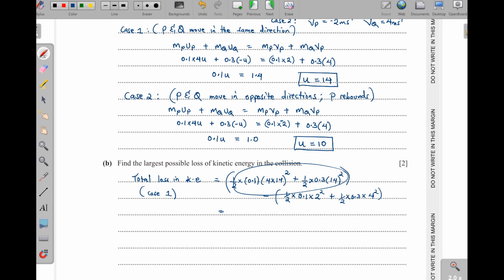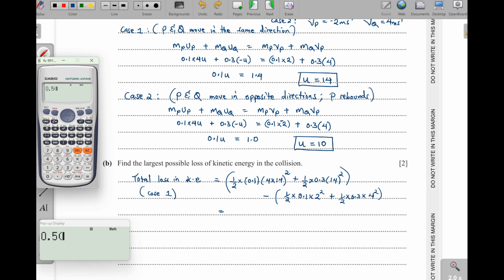So what do we get here, then minus what is here? 0.5 into 0.1, then times 4 into, I mean, it has to be 4 times 14, then squared.